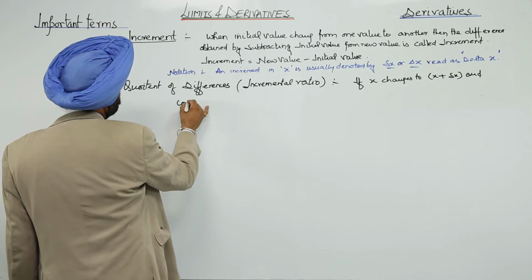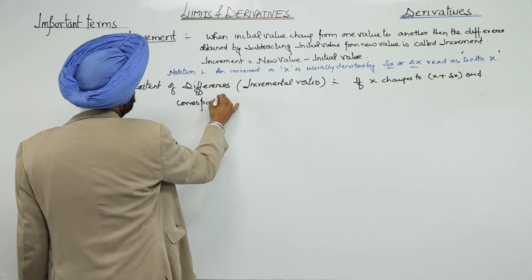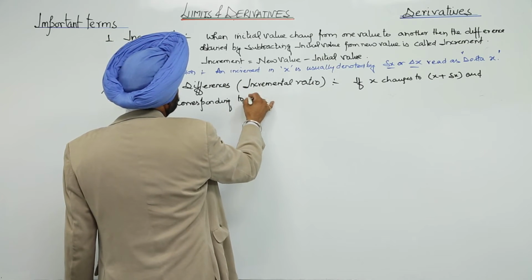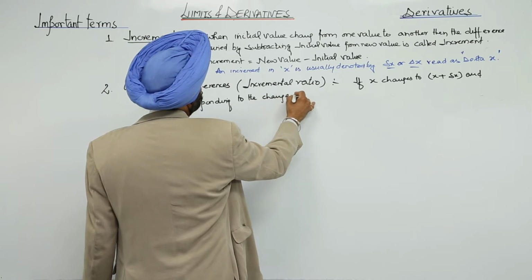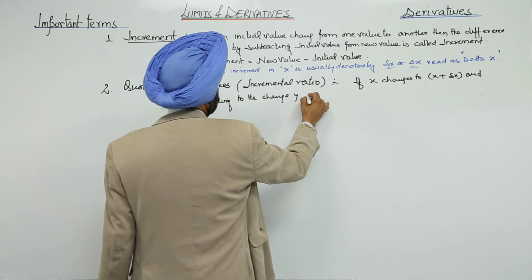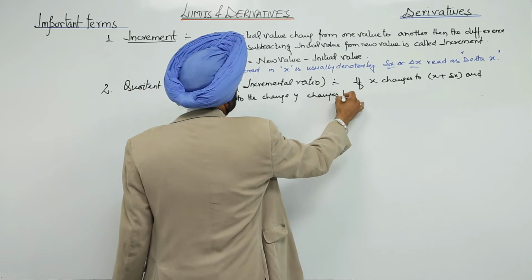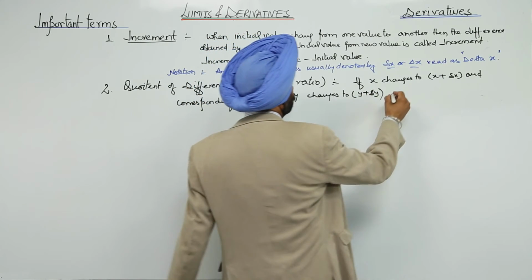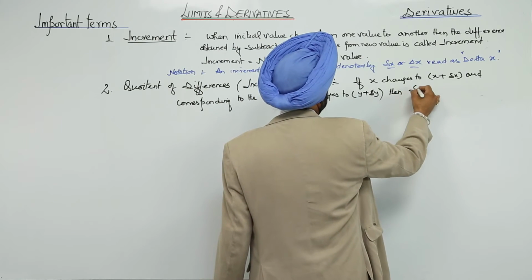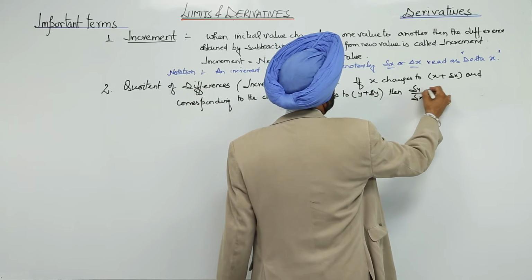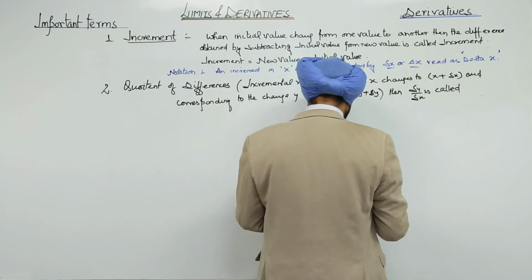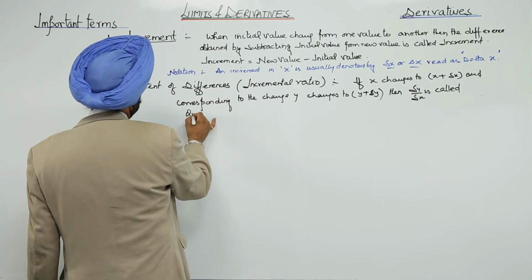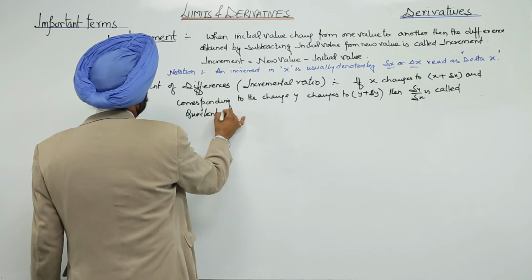and corresponding to the change, y changes to y plus delta y, then delta y upon delta x is called, remember now here we are having terms, delta y upon delta x is called quotient of differences.